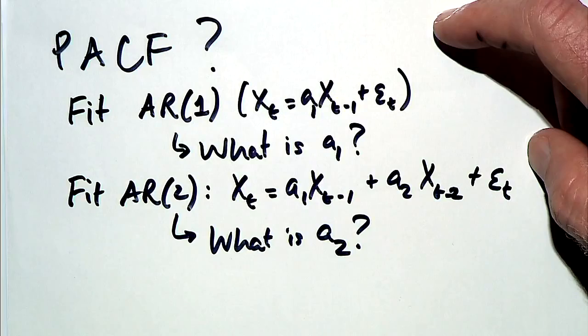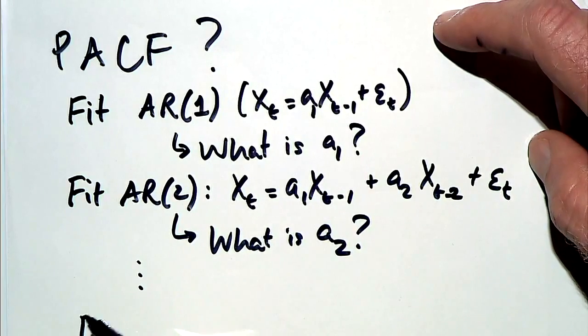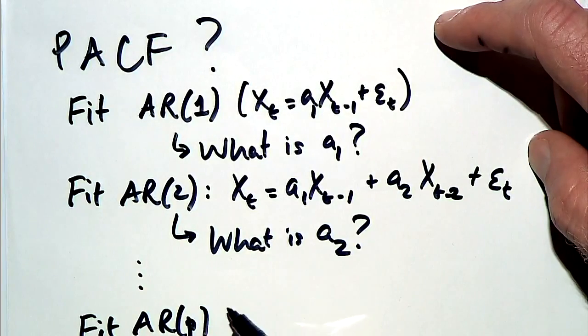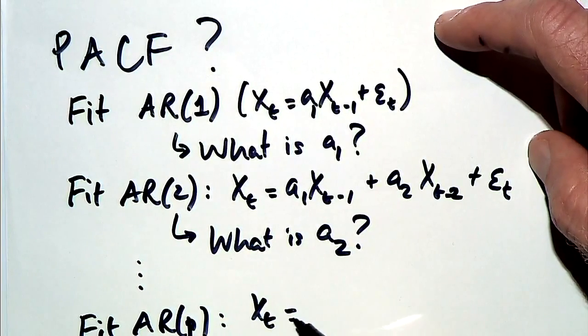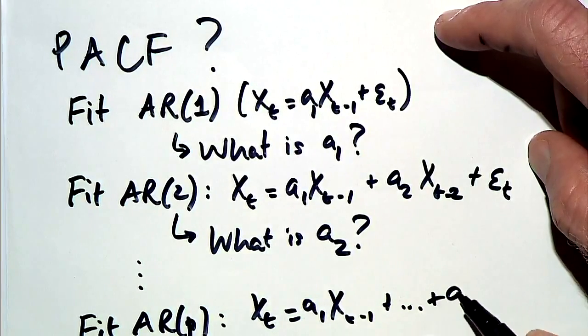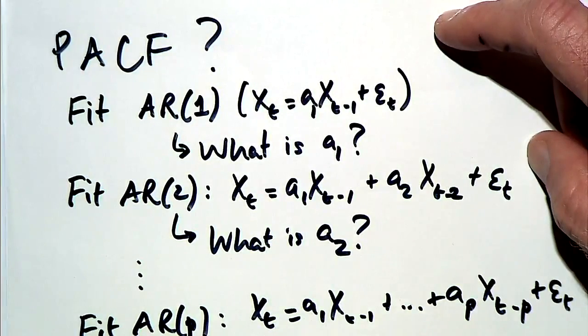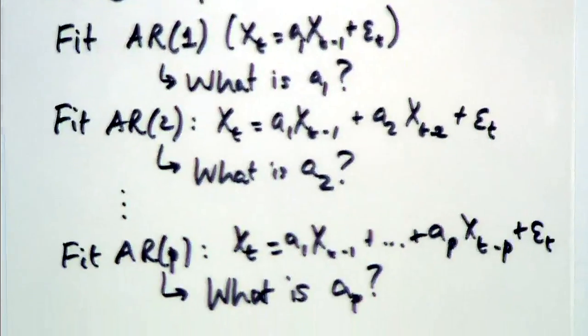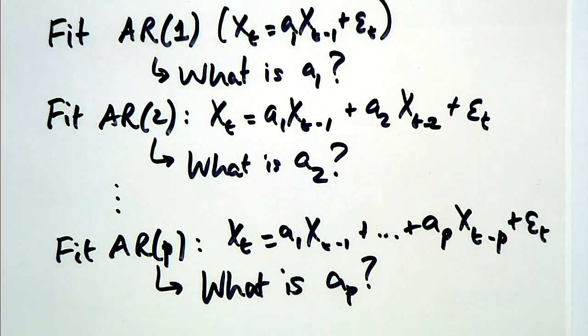And so on. Keep on doing this. Fit an ARP, which is xt is A1 xt minus 1, all the way up to AP xt minus p plus error, and pull out AP.